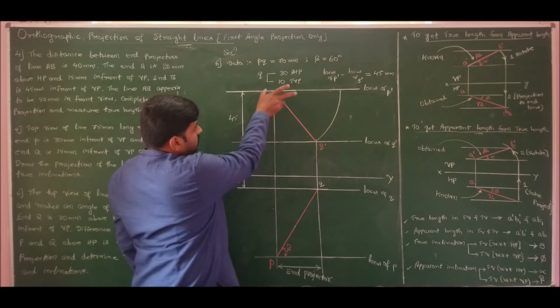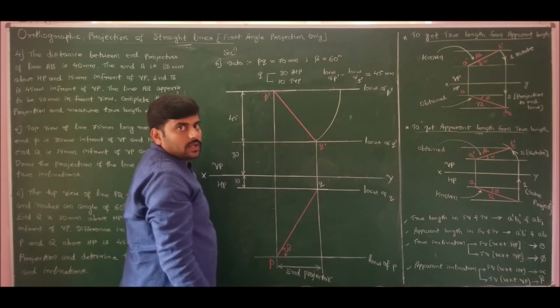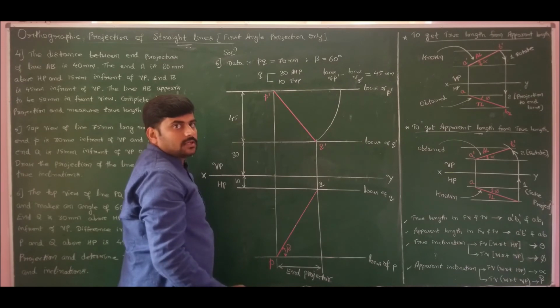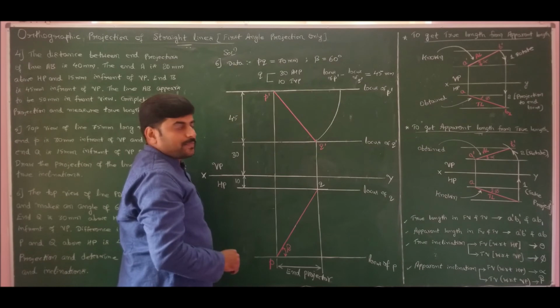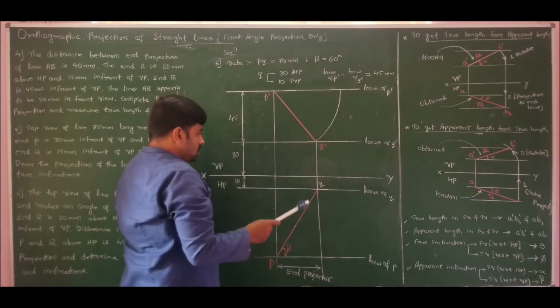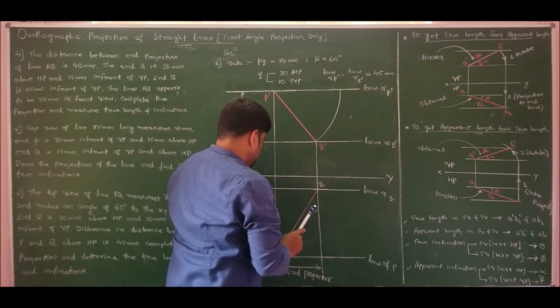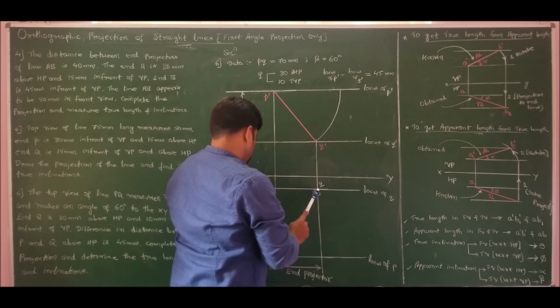So for that true length, directly you can cut an arc to get the true length in the front view. This is because of the reason the true length remains same in both front view as well as in top view. But let me do that procedure so that it gives us a very good practice. I'll rotate the apparent length and make it parallel.